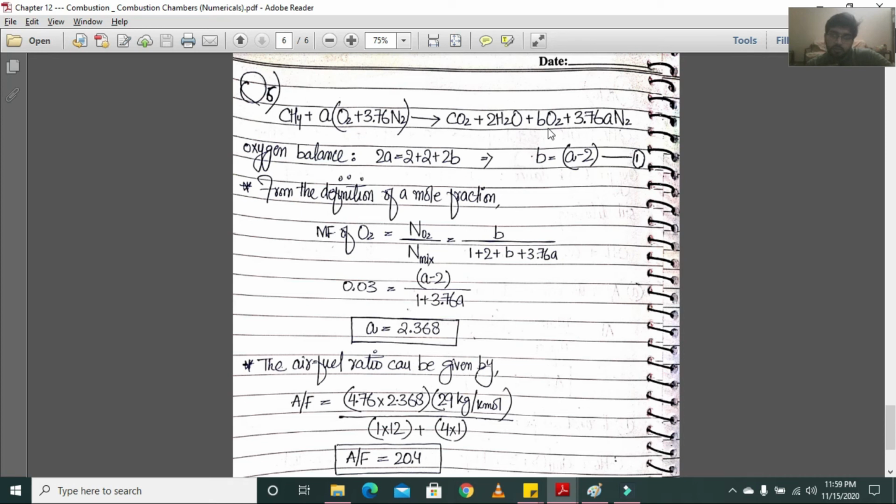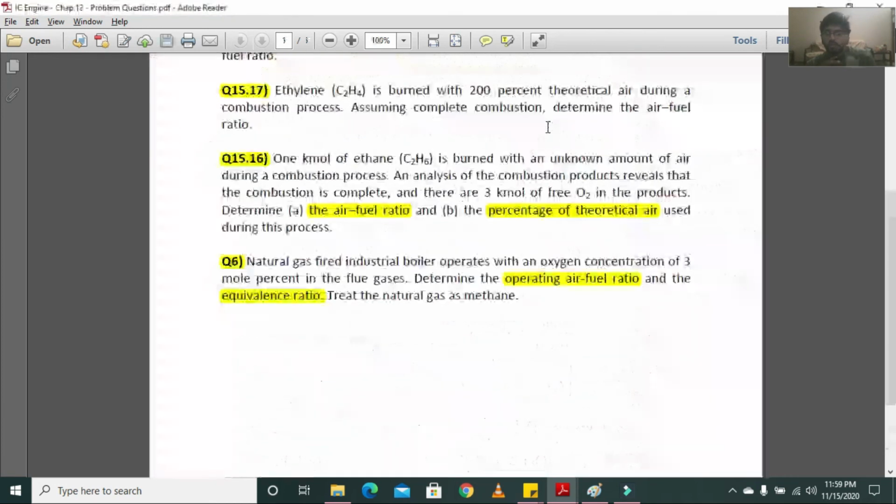It was mentioned in the question that oxygen concentration is 3 mole percent in the flue gases, meaning that in the flue gases we have some amount of free oxygen as well. That is why I have written this B times of O2 in the equation. Everything will be given in the question, and you have to extract the information from the question. This is what these questions are all about.